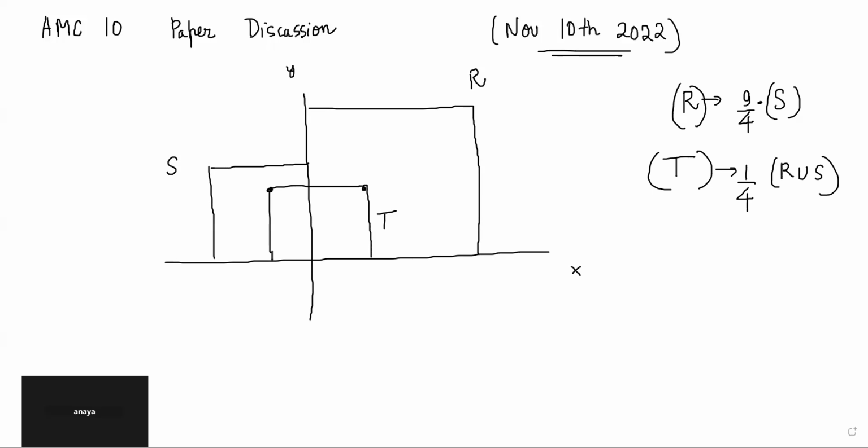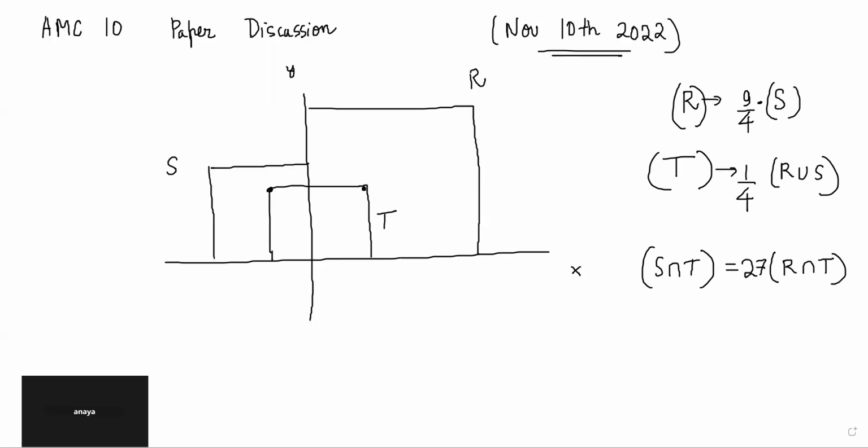The fraction of lattice points in S that are in S intersection T is 27 times the fraction of lattice points that are in R intersection T. Right?